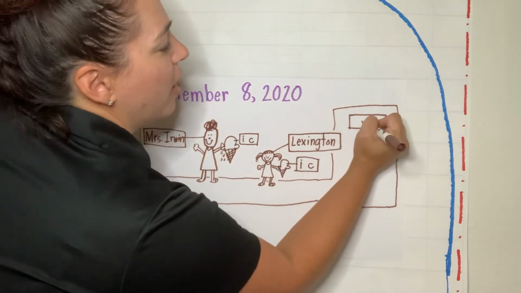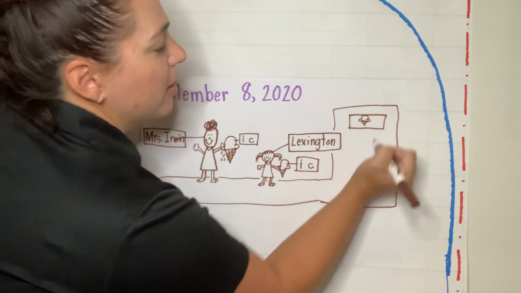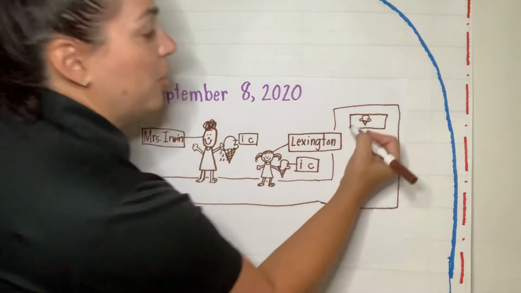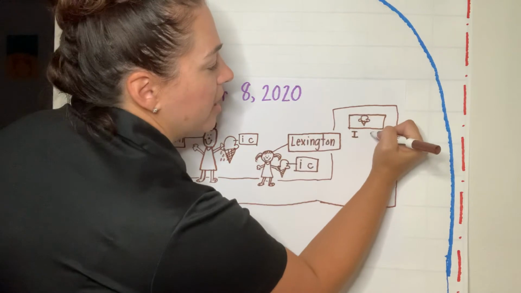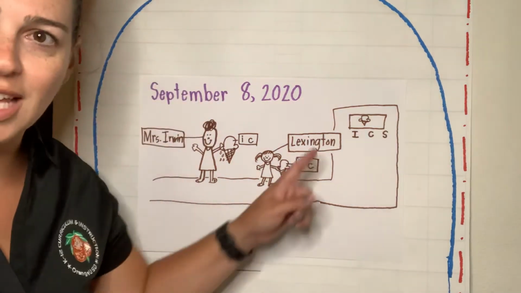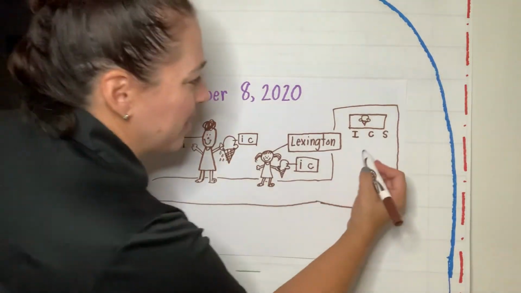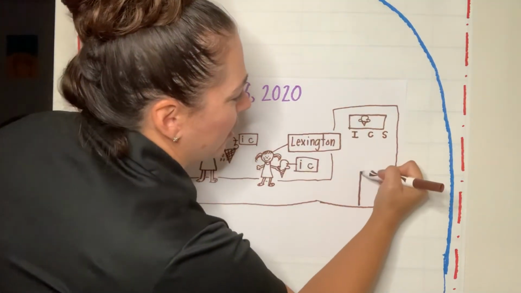There's the front. There's my cone. And I could put ice cream store because I have those beginning sounds. Oh, I need a door, don't I, to get into the ice cream store.